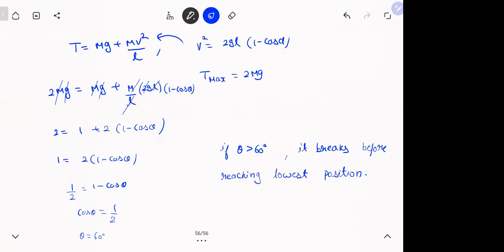So that is a catch in the problem. So you have to find the velocity and the tension at the bottom. So if you are up to 60 degrees, it is safe. Anything more, you have a problem.